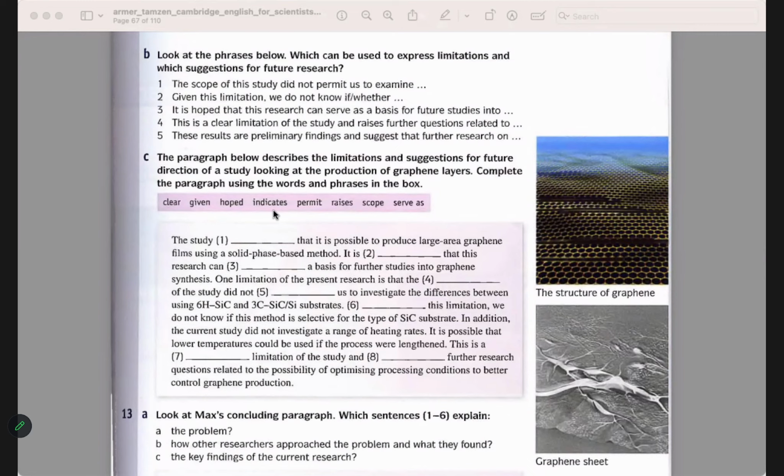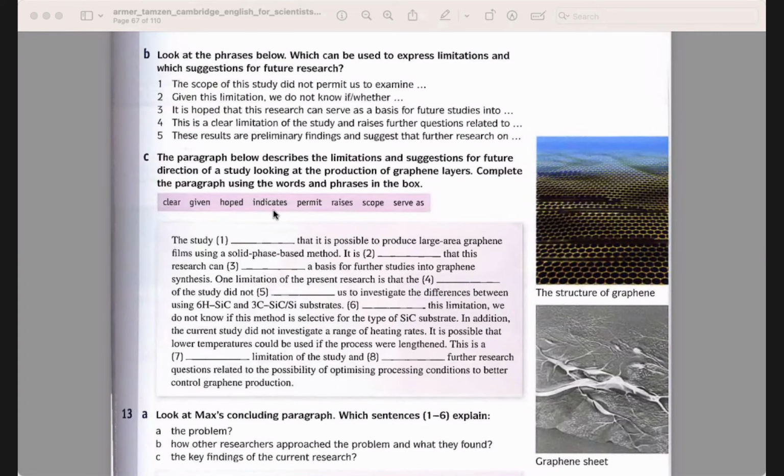Given this limitation, we do not know if something, limitation. It is hoped that this research can serve as a basis for future studies into it, for future research. Yes. And this is a clear limitation of the study and raises further questions related to it, limitation. It's a limitation, but also the encouragement to continue with future research. Okay, and these results are preliminary findings and suggest that further research on it, future research.